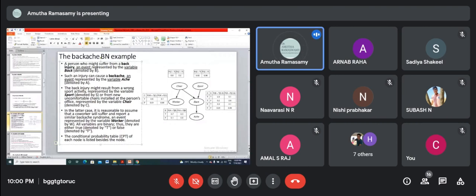Let's see a person who might suffer from back injury. Now we are thinking about a person having a back injury, an event represented by the variable back. This is a direct relevance.